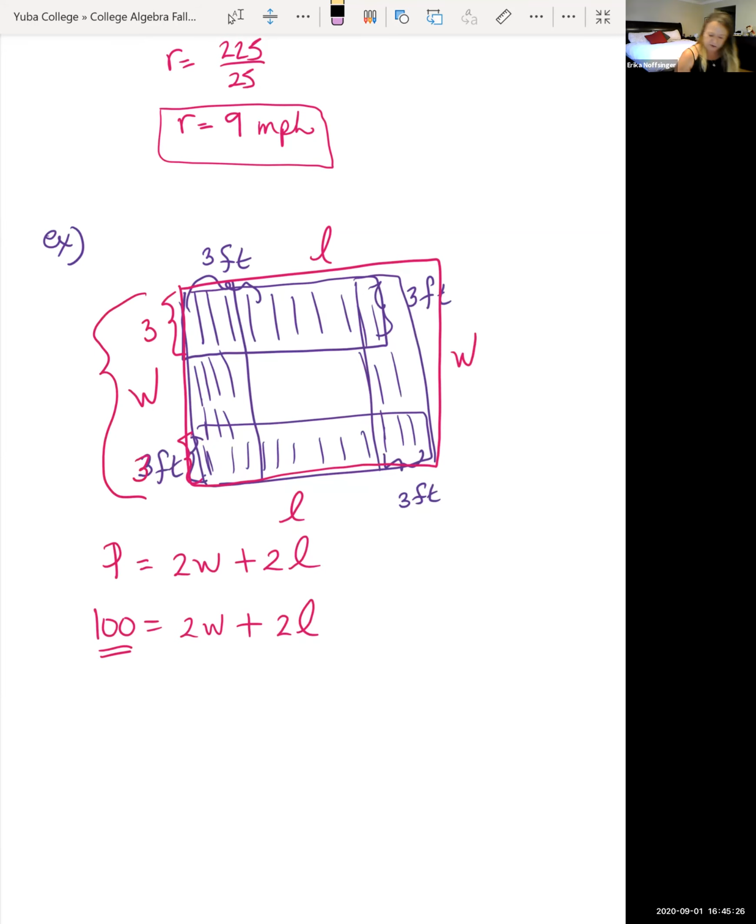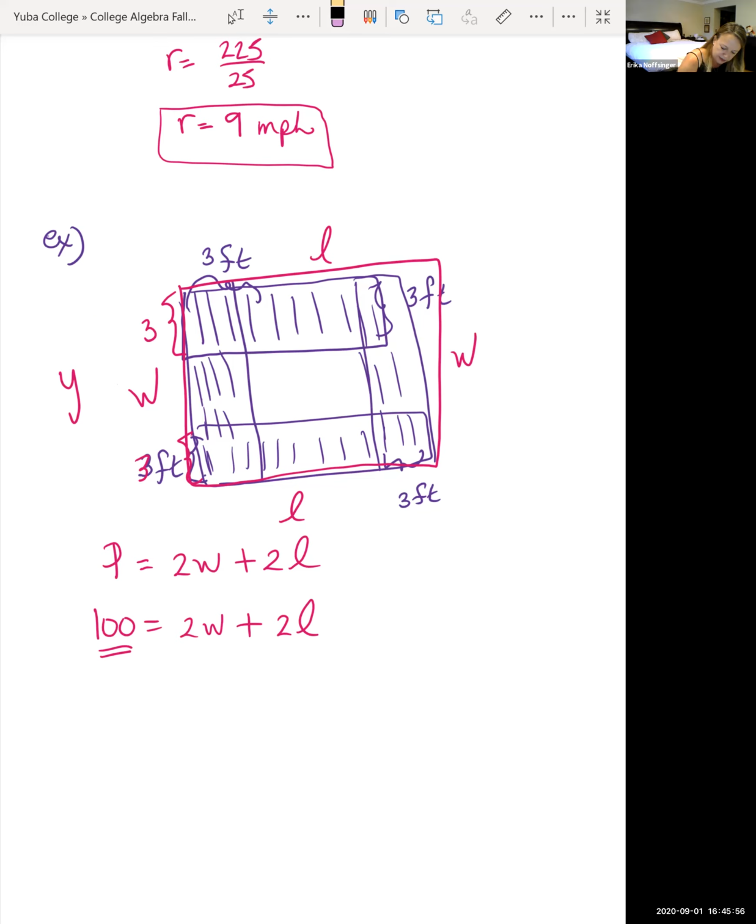So how can we express this? I don't know if we want to call this some other variable. Maybe call it y. Actually, no, let's not do that.